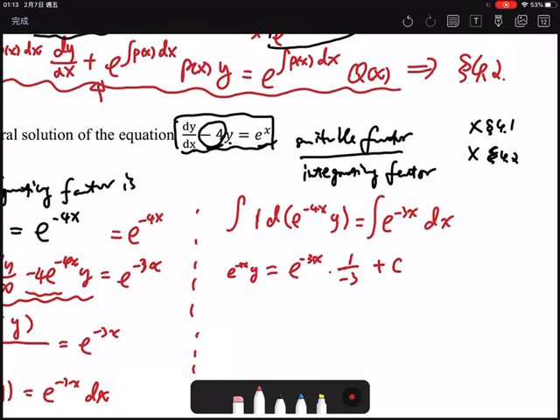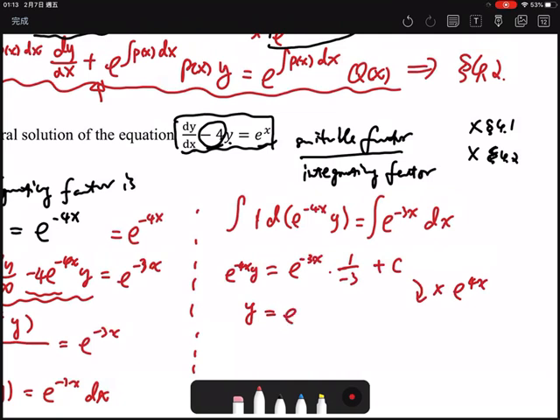So finally, we can simplify the answer, okay. So finally, we multiply e to the power of 4x on both sides.